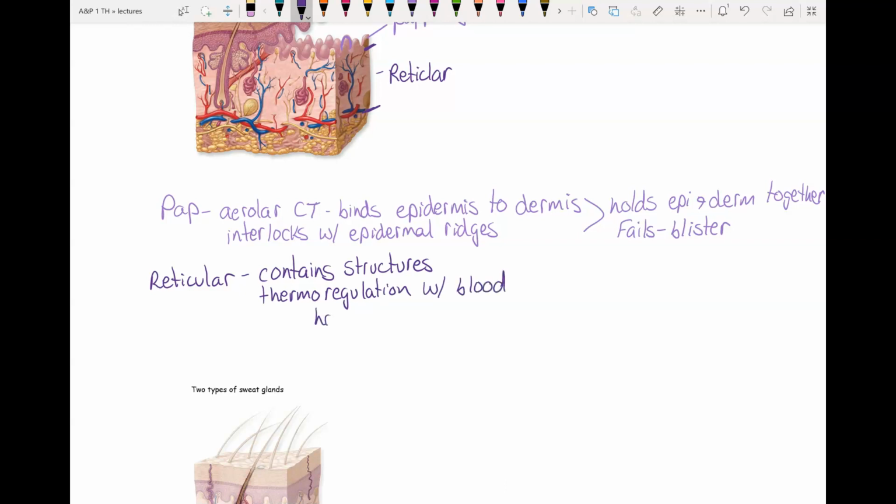So remember, if you are hot, they will dilate to release heat. And if you are cold, they will constrict to conserve heat.